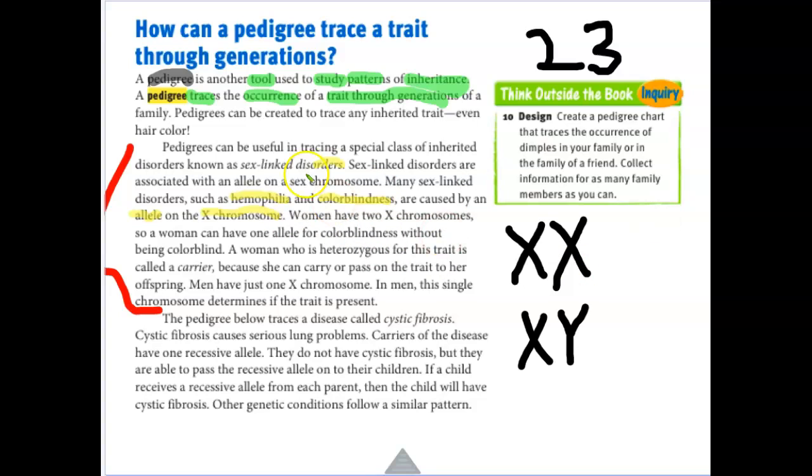Hemophilia is the inability to have your blood clot, which means that if somebody has a cut, their blood is going to continue to flow and it doesn't stop. So it's as if its directions, or sentences, I should say, don't have a period at the ending. So it's just one big run-on forever.